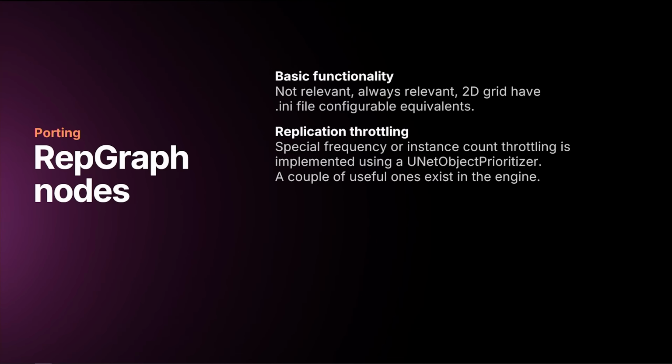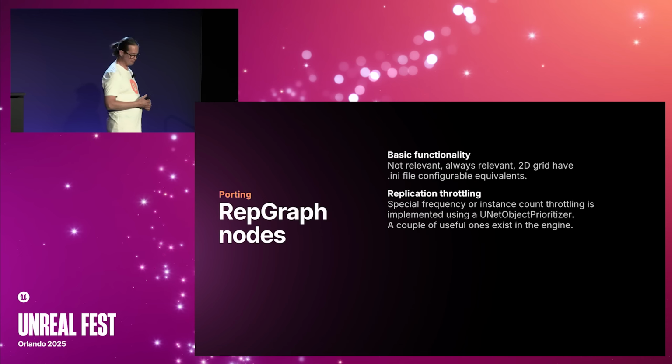Sometimes there was replication throttling going on, and as I mentioned, that's the job of the priority system. So we implemented a few net object prioritizers that were useful for RepGraph, and all of those are in Iris or engine code.